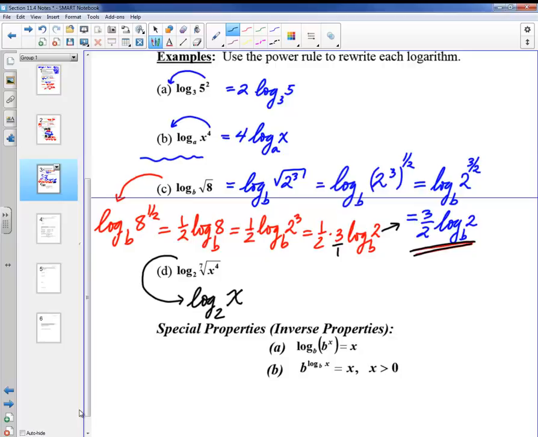The power inside becomes the numerator of the fraction, and the index of the root, I'm referring to this number here, that's what we call the index of the root, actually becomes the denominator. So the power is actually 4/7, x raised to the 4/7. Then you use the power rule and you bring the 4/7 in front, so it would be 4/7 log base 2 of x.